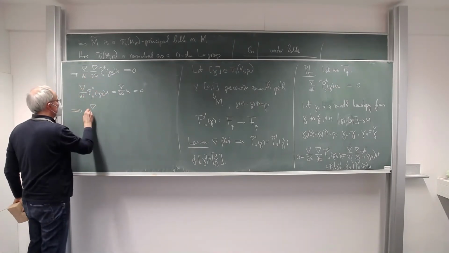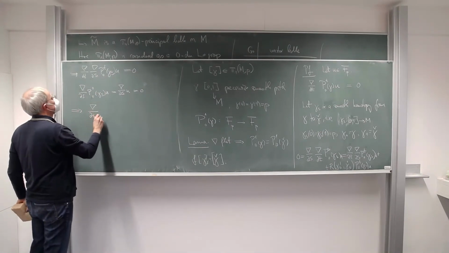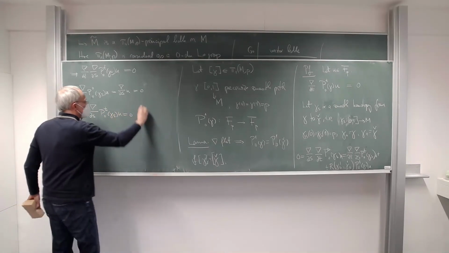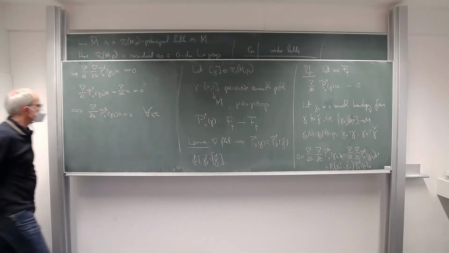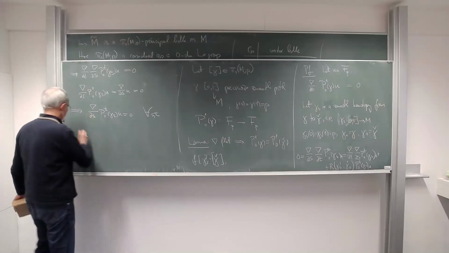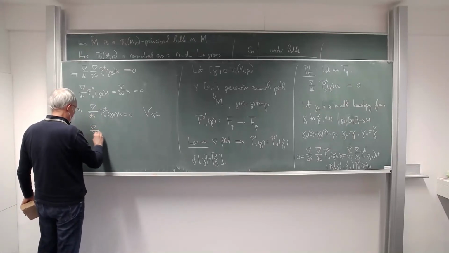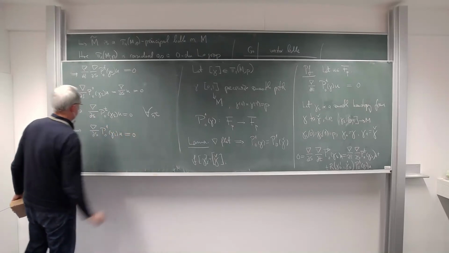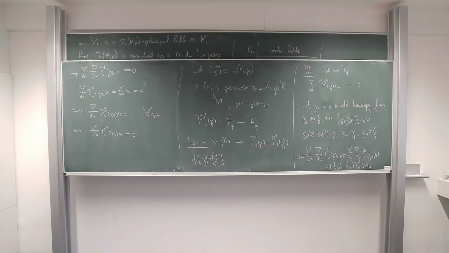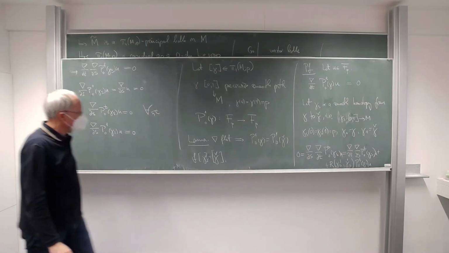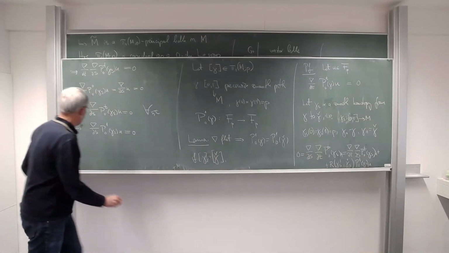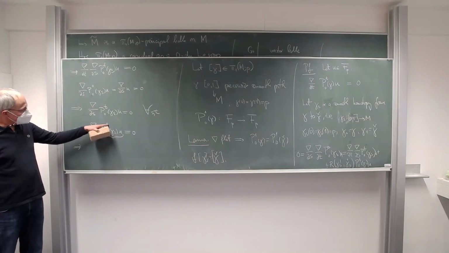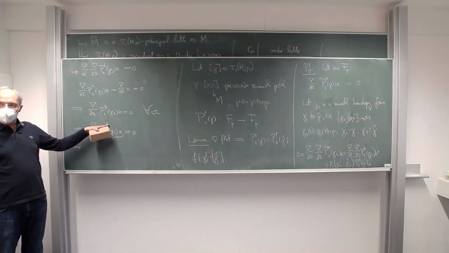So these two things together imply that this s derivative is 0 for all s and t, in particular for t equals 1. And therefore, now this, remember the gamma s again ends up at p.